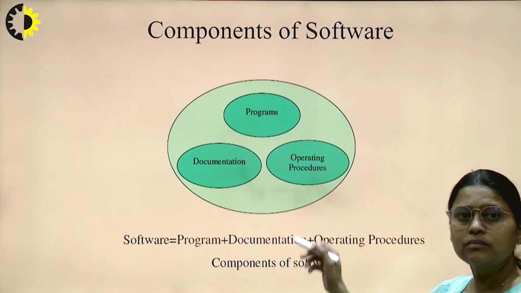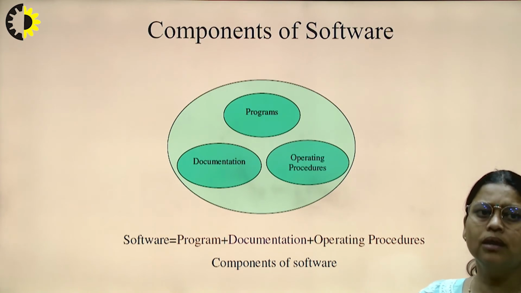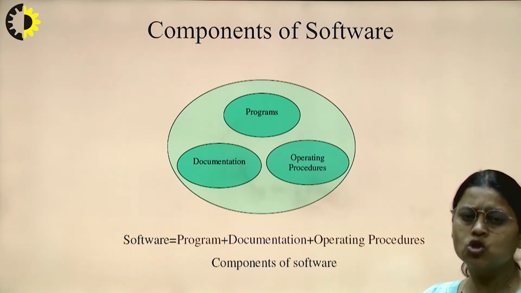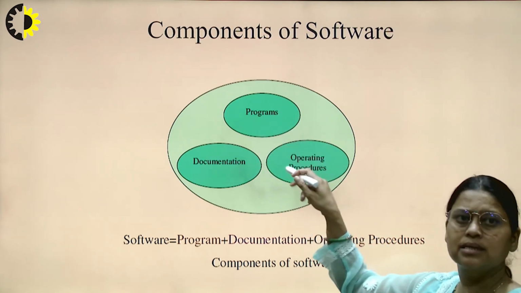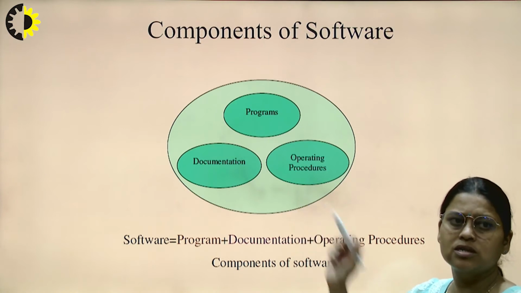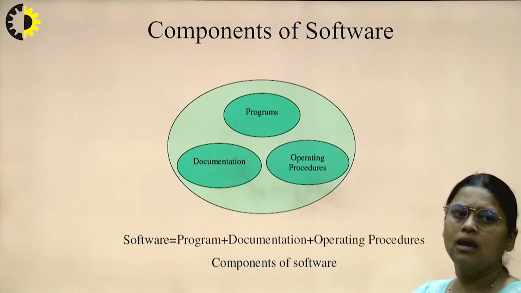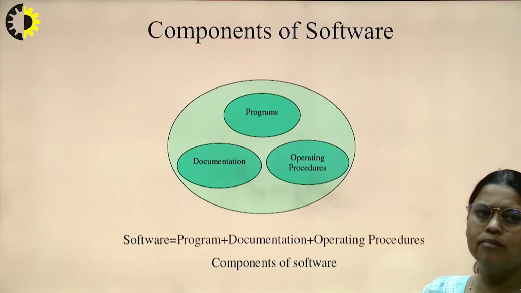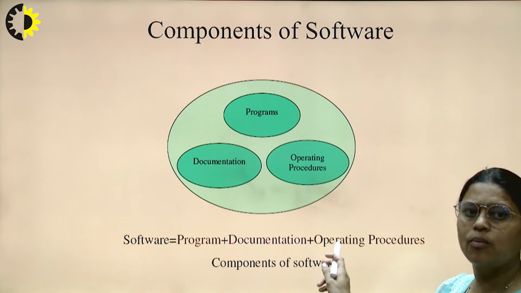Now if we are talking about the components of software, software is just a combination of three things: program, documentation, and operating procedures. So we can say that software is equal to program plus documentation plus operating procedure.